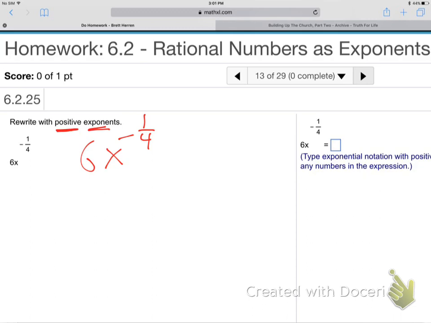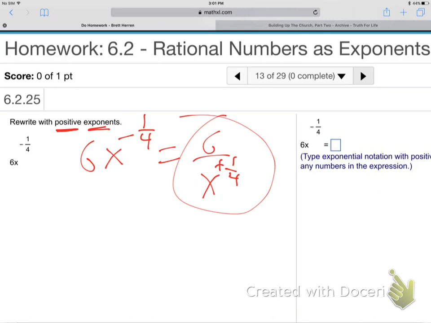Now let me ask you this though, let's be clear. That negative 1/4 power, who's he on? Is he on the 6 and the x or just the x? Just the x. So who's flipping? Just the x. 6 is like, I'm not going anywhere. I don't got a negative 1/4 power on me. I'm just 6. I'm just sitting here. But the x will go down and then positive, and that's our answer.